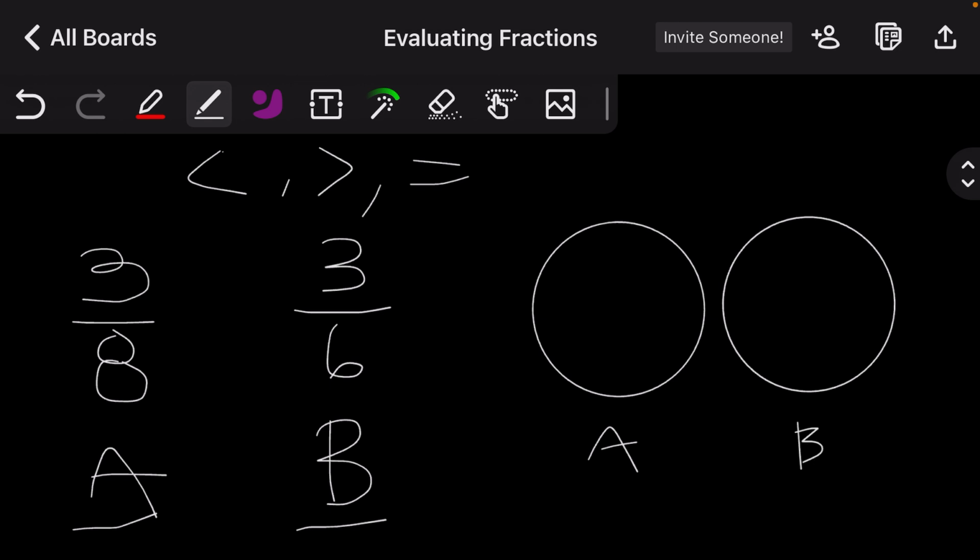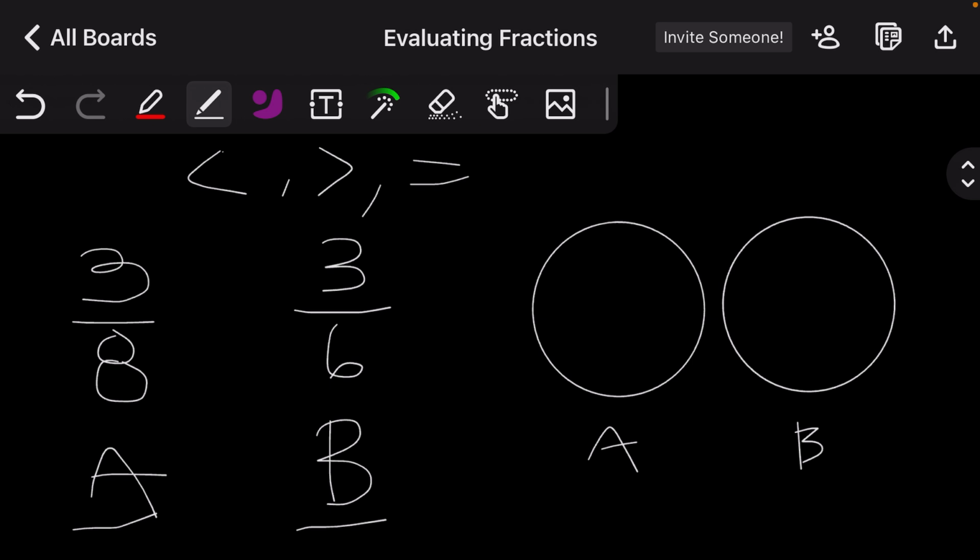And again, like I said, I asked the question, which one? You can get 3 slices of it, either one, pizza A or pizza B. The question is, which one is the situation where you get the most pizza? That's hard to figure out when the pizzas are divided up into different slices, different sizes.